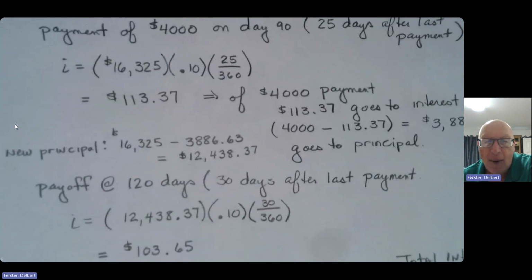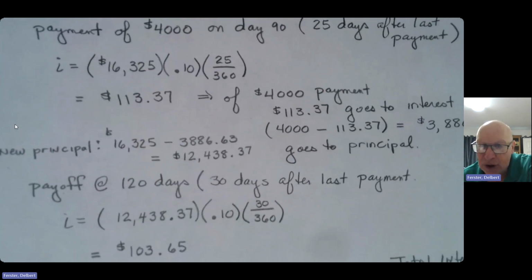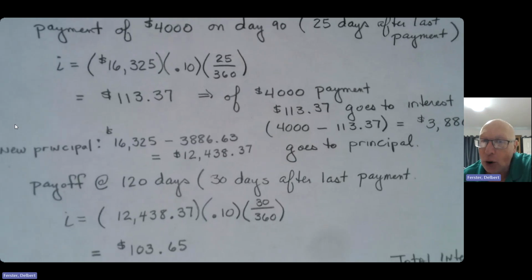So here comes our payoff. First of all, let's calculate our interest. Remember, we only owe $12,438.37 after our second payment. Interest rate at 10%, 30 days, because 30 days have passed from day 90 to get to day 120. All right, calculator time, 12,438.37 times 0.10 times 30 divided by 360.